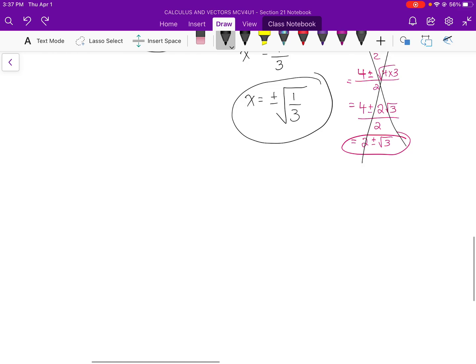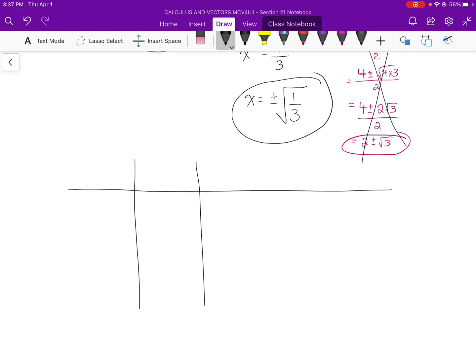Okay, so now that we have the x values, we want to see if that is where the points of inflection occur. In order for them to occur, the concavity has to change. So x equals negative root 1 over 3 and x equals positive root 1 over 3.